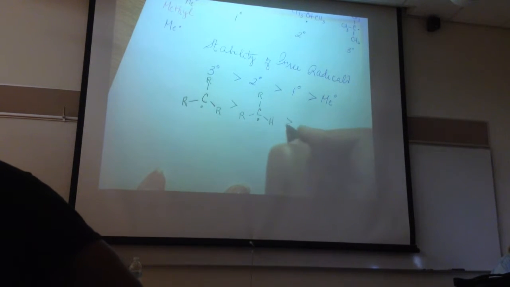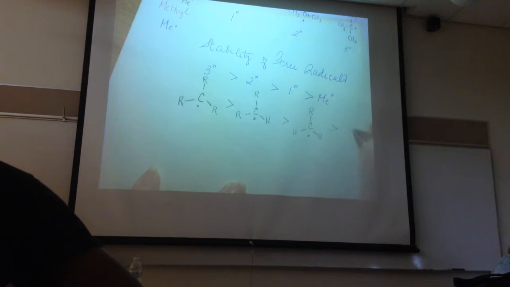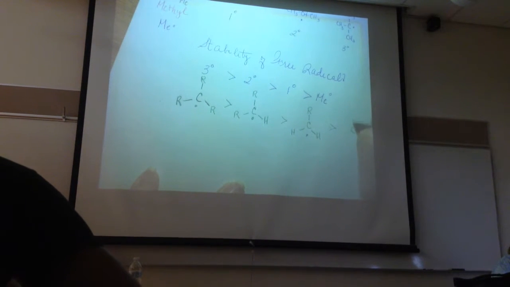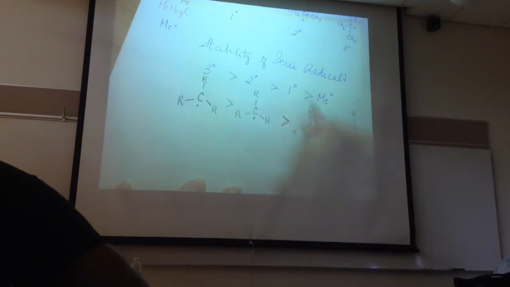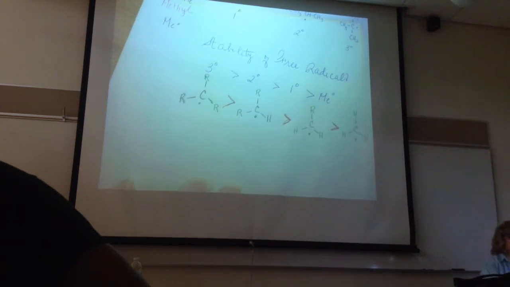When I go to the primary, again, the difference is I have one R, now we have hydrogen and hydrogen. And the last one, when the methyls are all hydrogens instead, okay? This is the least stable. Okay, and it goes like that.